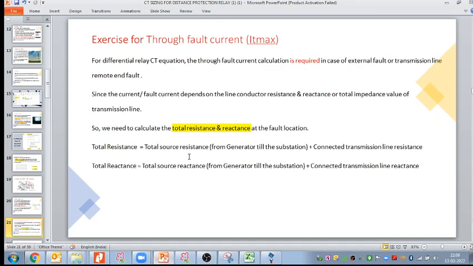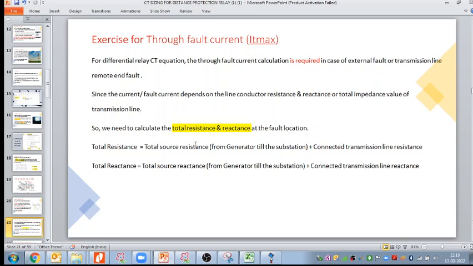So we need to calculate the total resistance and reactance at the fault location. Since my fault source is the generator, I'm starting from the generator. Total source resistance from generator. Please do not ask what the source resistance is; we will find it out based on the voltage and fault current.